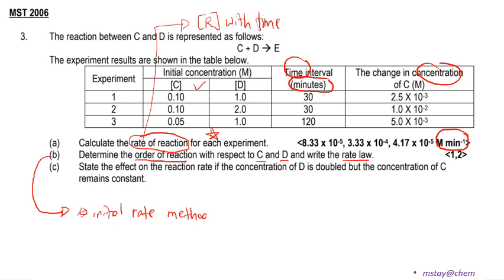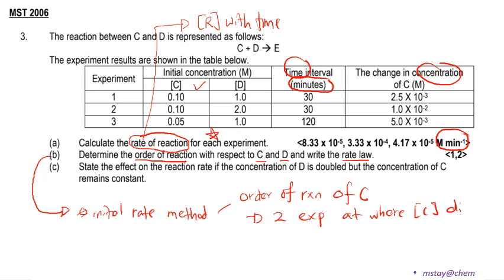If we want to determine the order of reaction for C, we have to make sure we choose 2 experiments where the concentration of C is different while the concentration of D is similar. By holding this idea, you will know which 2 experiments have to be chosen.